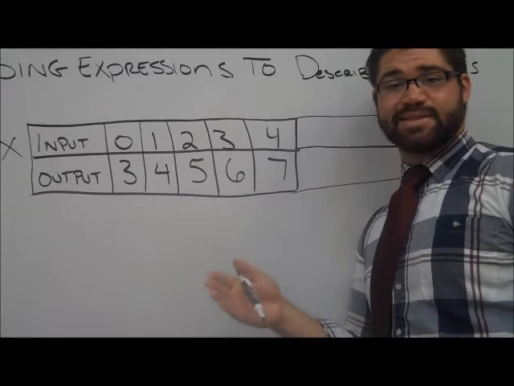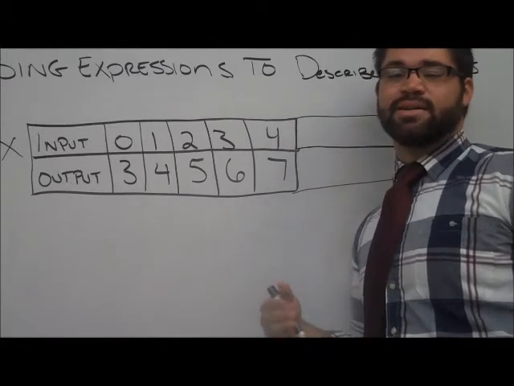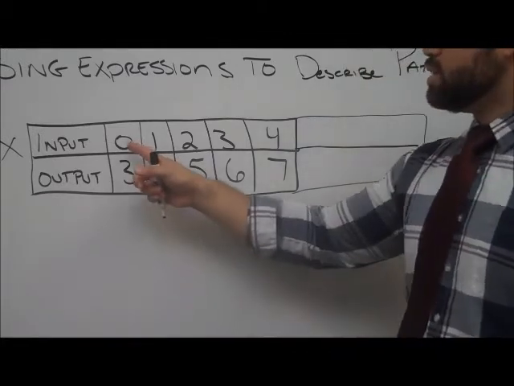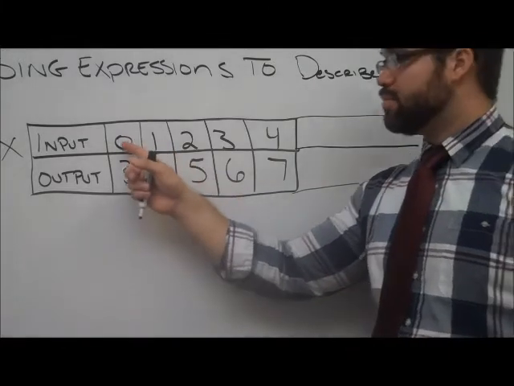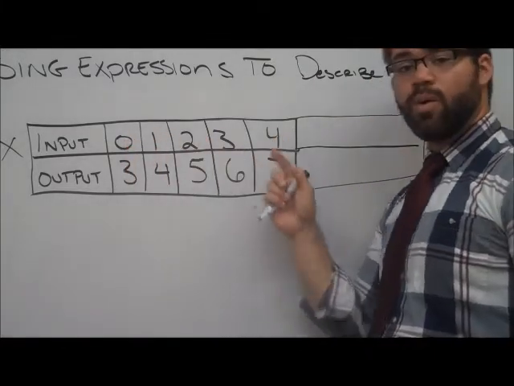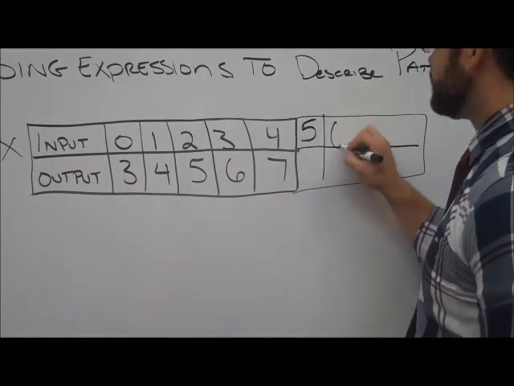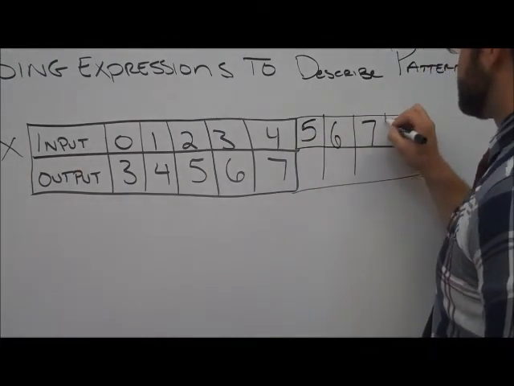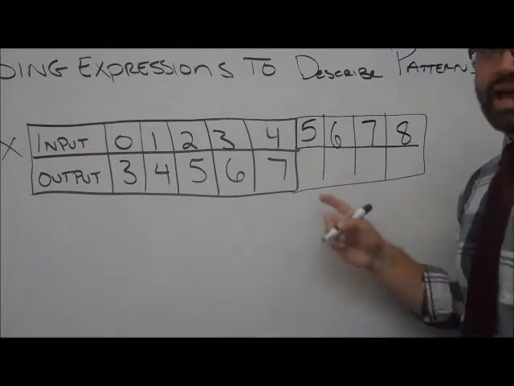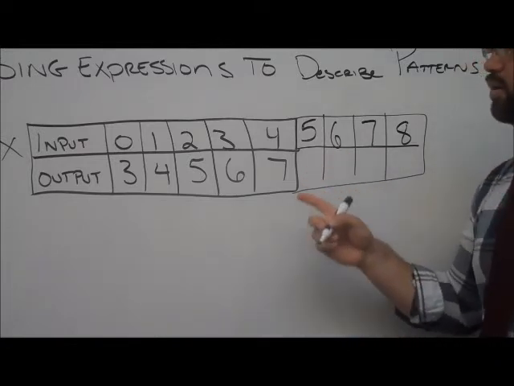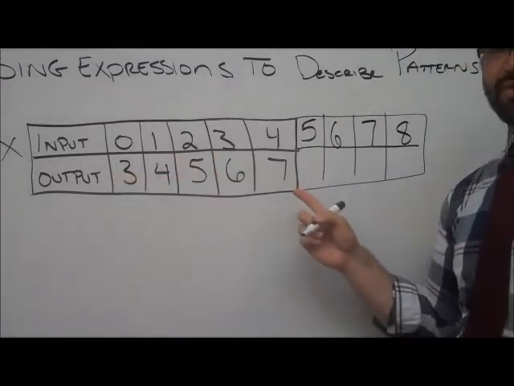So hopefully you paused and now we're back. If you didn't pause, that was a very long break, wasn't it? So if we continue our pattern up top with the input, we have 0, 1, 2, 3, 4. I'm just going to keep going down. 5, 6, 7, 8. So now I would continue my pattern on the bottom if I could find one.